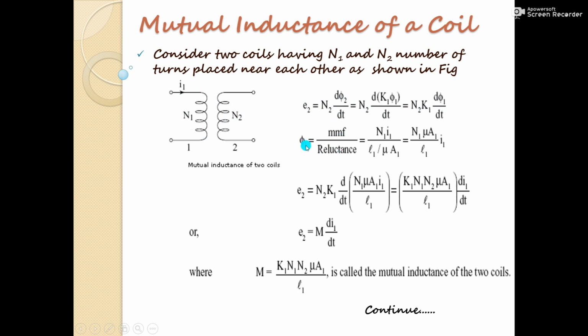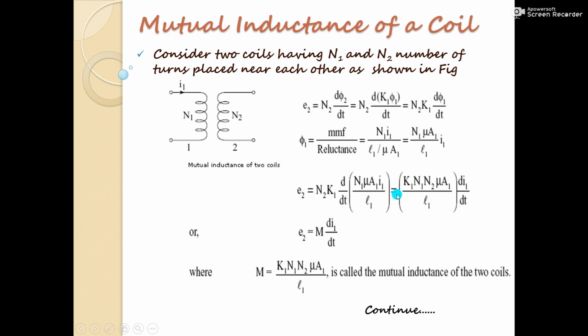So phi 1 can be written as MMF upon reluctance. So that is equal to N1 I1 upon L1 by mu A1. So finally you are getting N1 mu A1 upon L1 into I1. So for E2 we further write N2 K1 d by dt of N1 mu A1 I1 upon length L1.